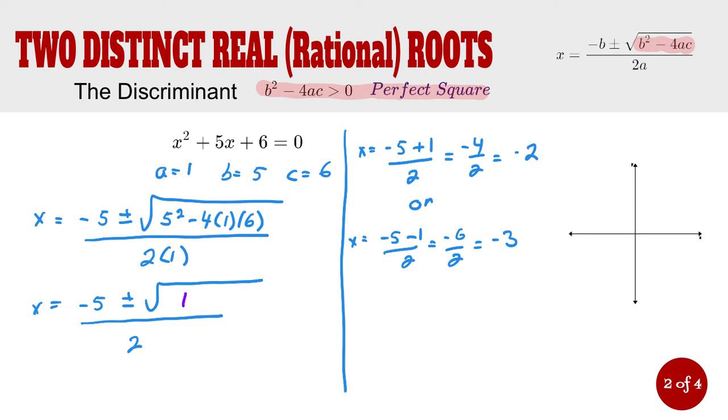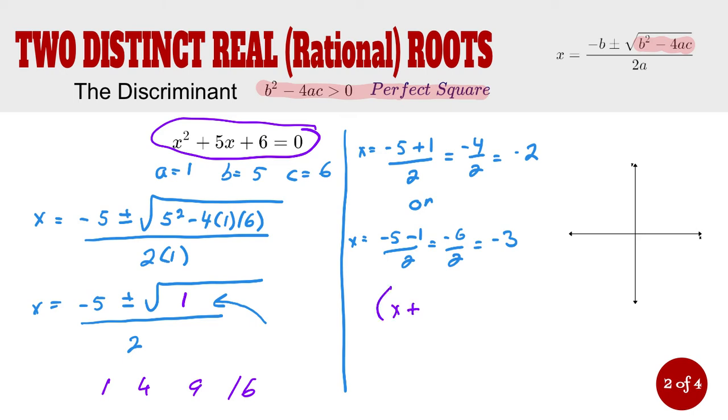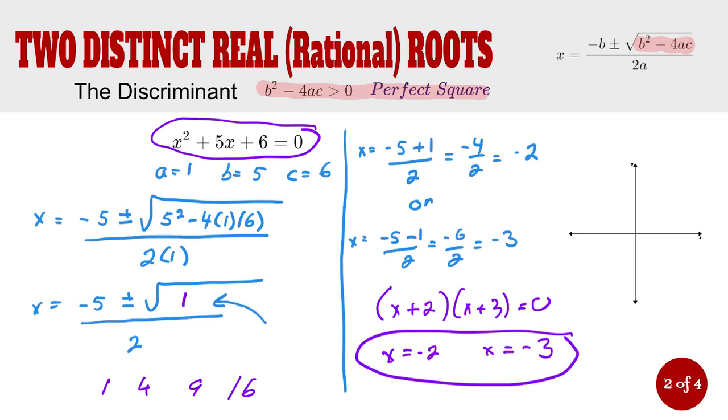In this case, the value of the discriminant is a perfect square, so numbers like 1, 4, 9, or 16. When you see a perfect square inside the discriminant, you'll know that it's actually factorable. So if you take this same equation and factor it, it would be x plus 2, x plus 3, and you will get the same values as you would with the quadratic formula.